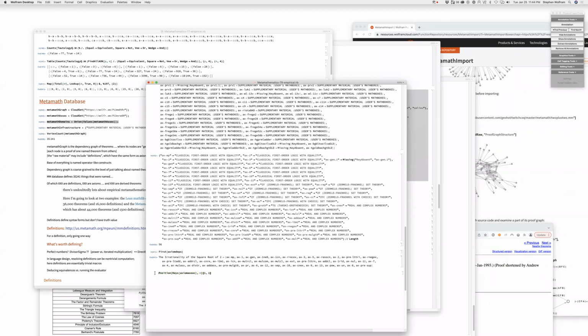So this is basically hash 1 arrow hash 2 of this, and that is axiom depths.